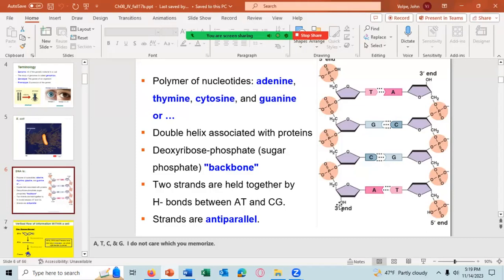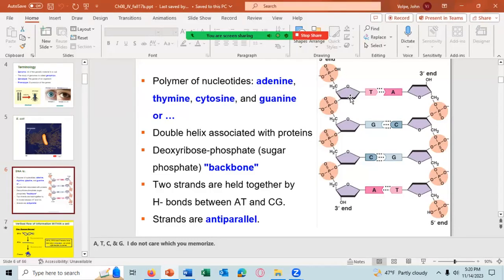And this carbon here is the 3' carbon, and this carbon here is the 5' carbon. Why they say this is the 5' end is because this carbon here is the 5th carbon in the sugar here.